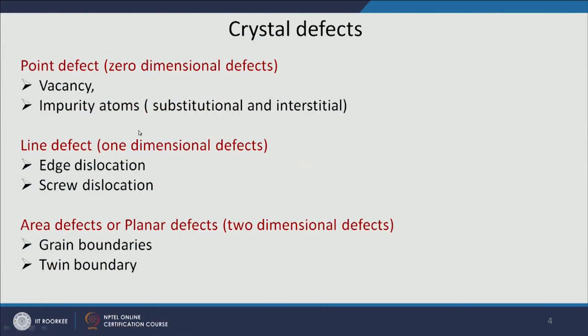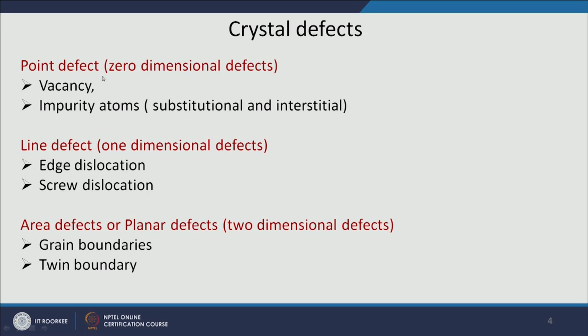So, these are the three broad types of defects, and in each category we can have different types of defects.